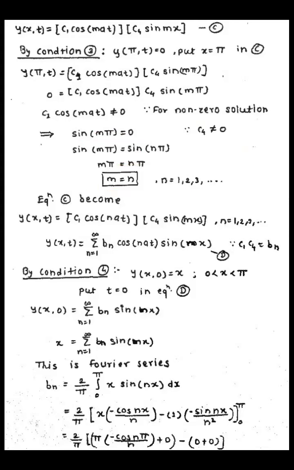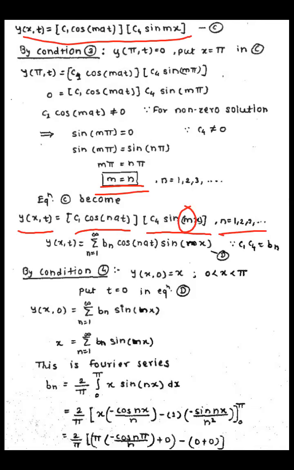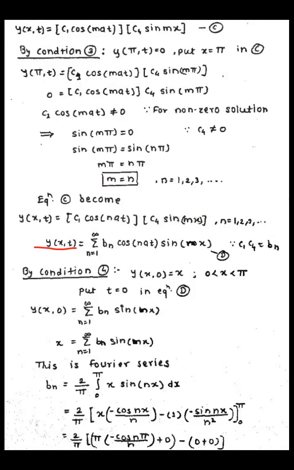So m equals n, put into equation C. We obtain y(x,t) equals C1 cos(nat) C4 sin(nx), for all n from 1 to infinity.